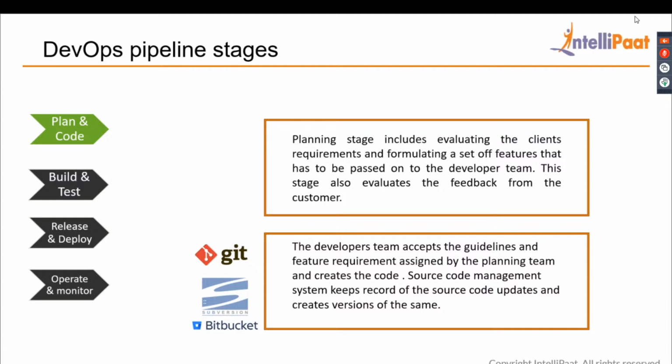This is the first step, and the first tool which is important for a DevOps engineer is Git or any other version control tool of your choice. It can be Bitbucket or Subversion, it doesn't matter, but I'm saying Git because it is the most popular version control tool.